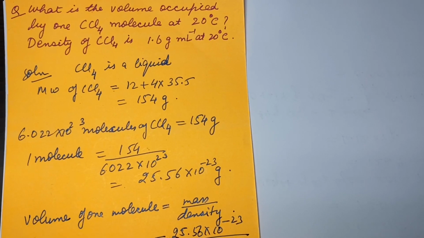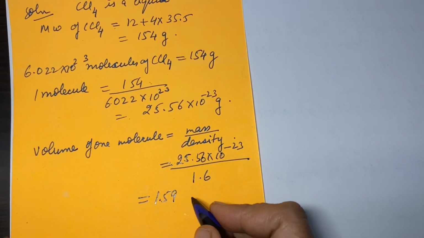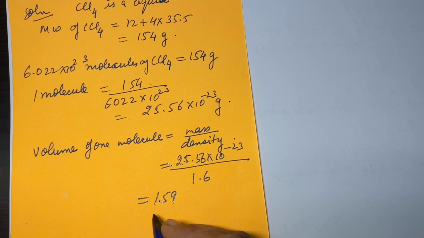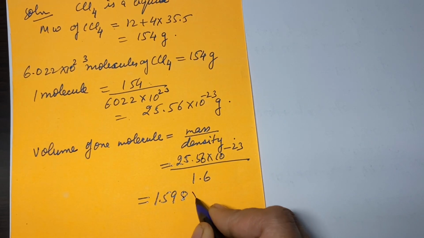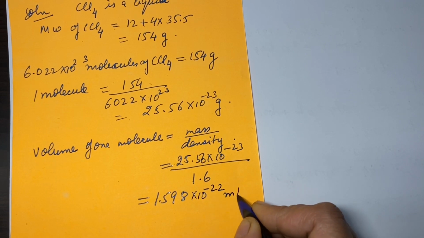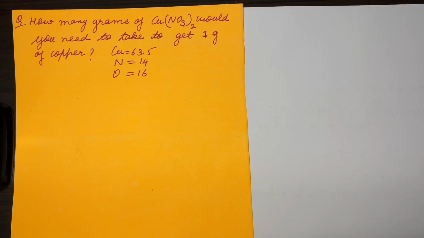When we solve it, we will get the answer 1.598 into 10 to the power minus 22 milliliter, or you can say it is in centimeter cube. Now read the next one.